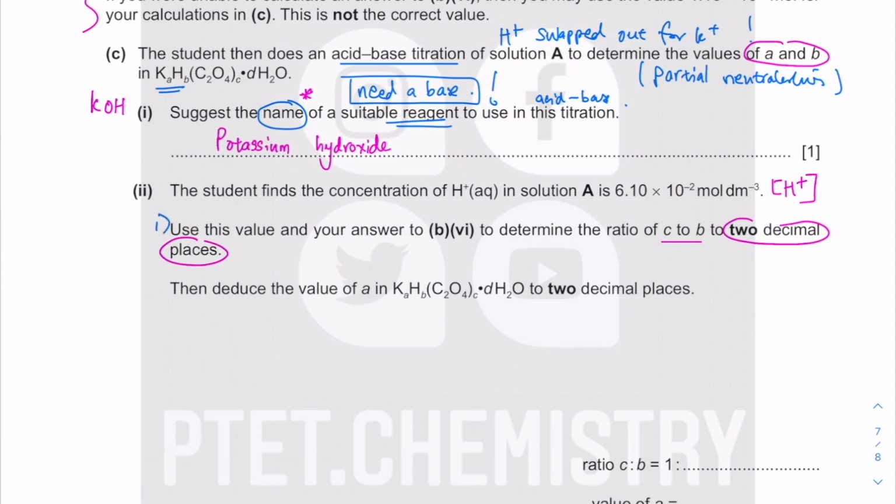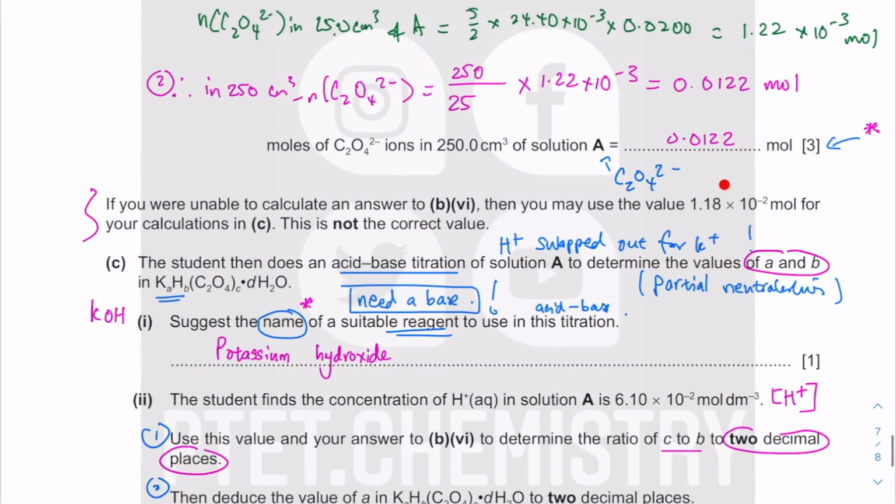So first of all, I probably need to work out the concentration of the C2O4 2-. It is going to be the mole of C2O4 2- divided by the volume. I know the mole, and that is in 250.0 cm³, so that is just 0.0122 divided by 250.0 times 10 to the minus 3.